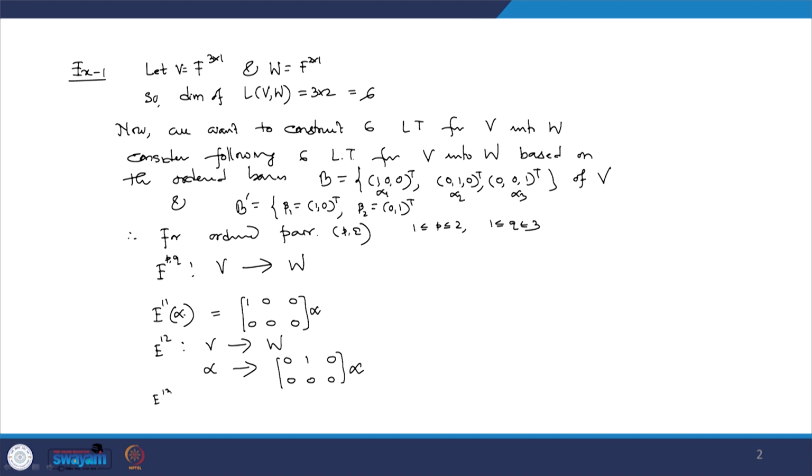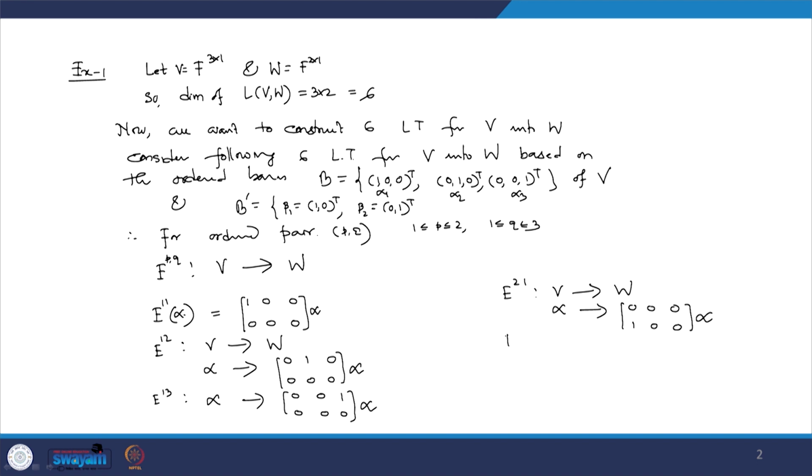E13 I am defining again alpha goes to the matrix with rows 0 0 1 and 0 0 0 times alpha, and E21 mapping from V to W is like this. Alpha goes to basically the matrix with rows 0 0 0 and 1 0 0 times alpha.